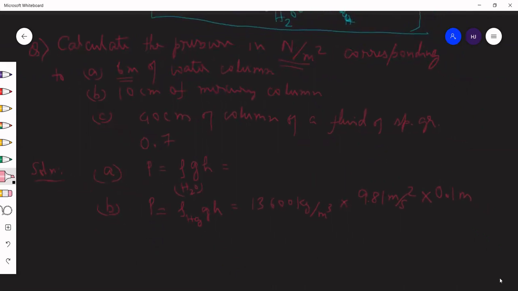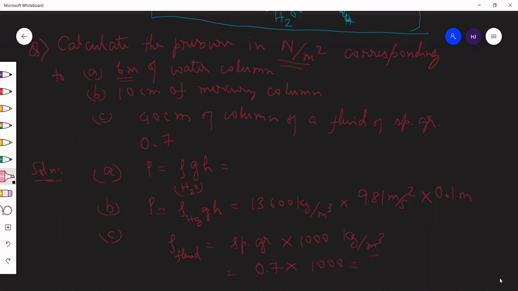Last one is which one? 40 centimeter of a fluid of specific gravity. Whenever specific gravity is given, you find the density of the fluid. How to find the density of the fluid? Specific gravity multiply with 1000. Simple thing. This is 0.7 into 1000.